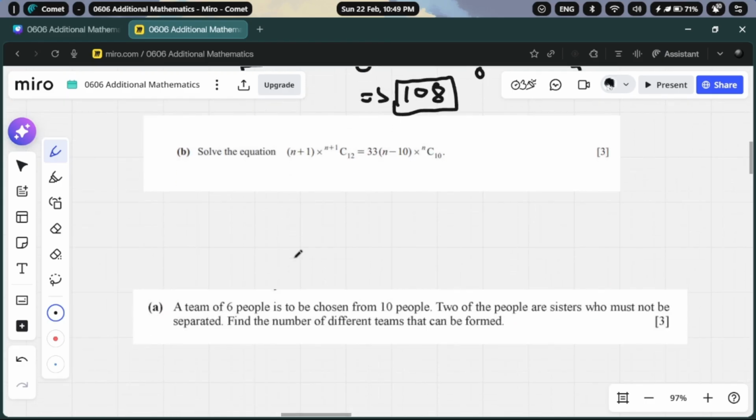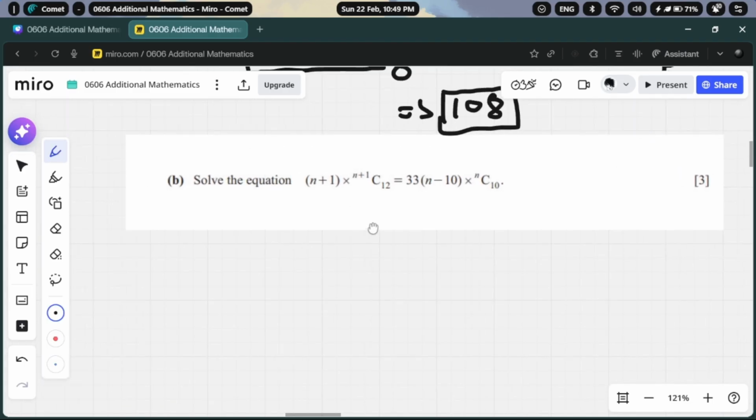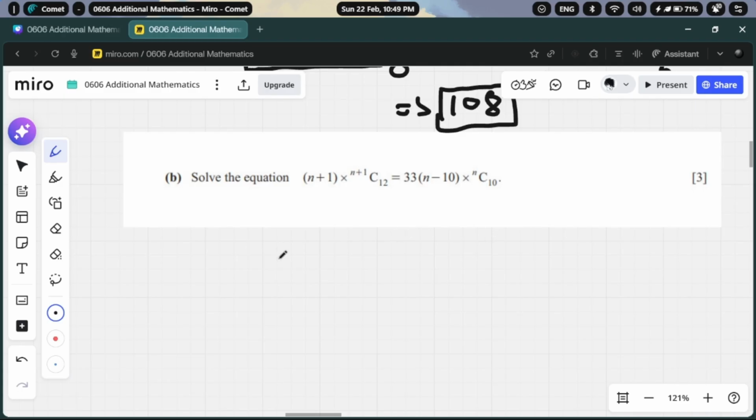Now you have to solve the given equation. For these type of questions, it's always best to cancel things out because that saves you a lot of time.